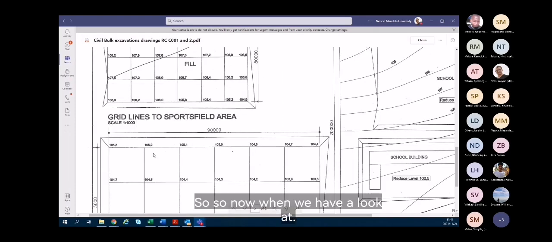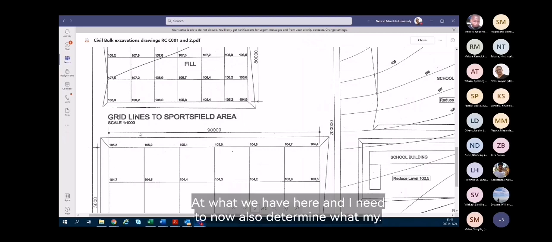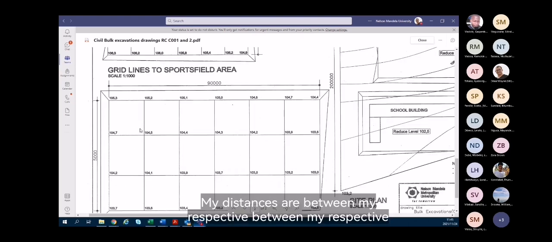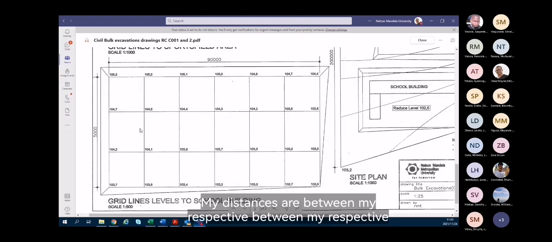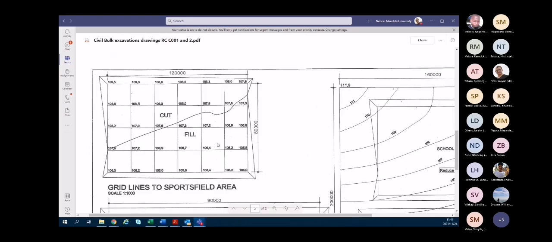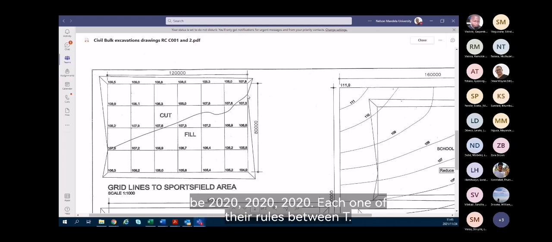So now when we have a look at what we have here, I also need to determine what my distances are between my respective sections. When I look at my drawing, it shows me 120 meters, and divided by 6 will be 20, 20, 20, 20, 20, 20.